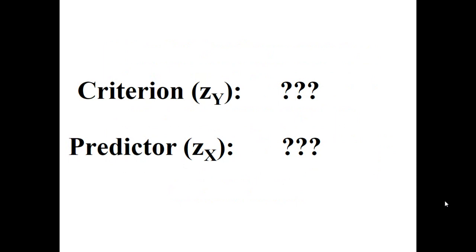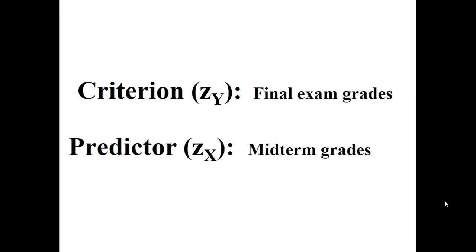Now, before beginning a regression problem, remember it's always a good idea to make sure you know which variable is the criterion and which is the predictor. In this problem, the criterion, the variable we want to predict, is final exam grades. Actually, final exam grades expressed as z-scores. And the predictor that will help us predict the criterion is midterm grades.